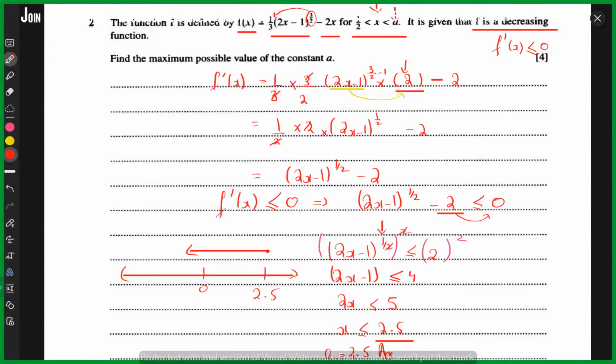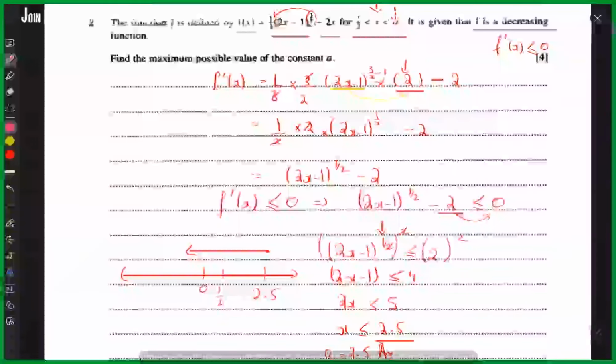Now, in the question, we have been told that x is between 1 by 2 and a only. So what is going to be the maximum possible value of a? In the question, it's basically between 1 by 2 and some other value.